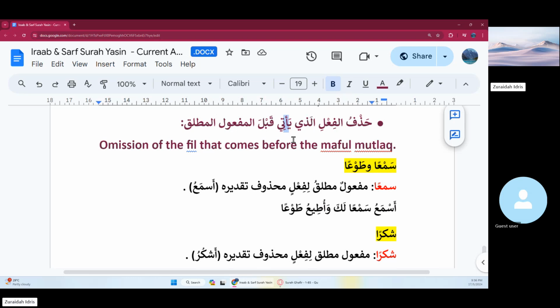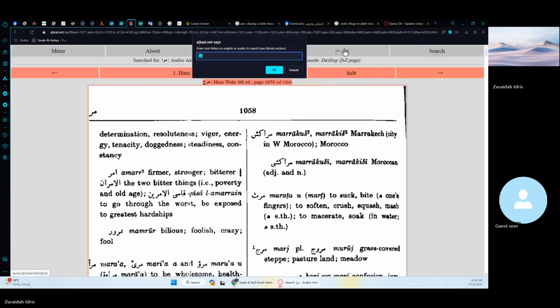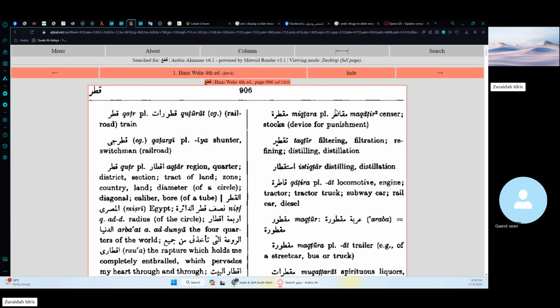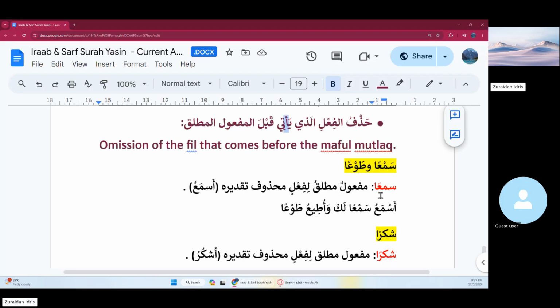I'm not sure, because in Arabic, qaf ta'ain is actually to cut off. The English do take Arabic words, the way they do Latin words. They borrow a lot of words, just like qata, to cut.